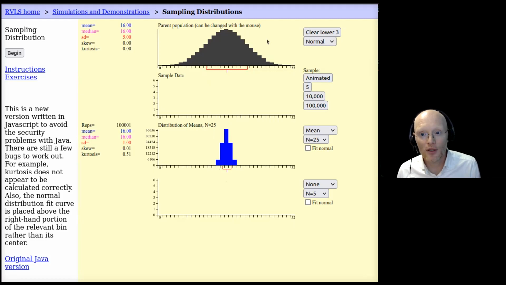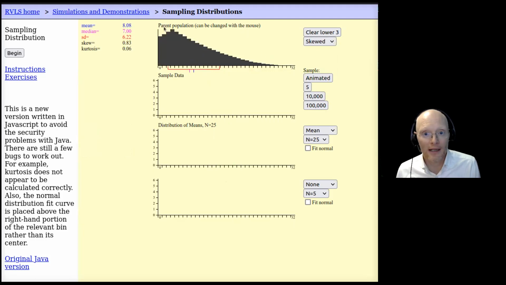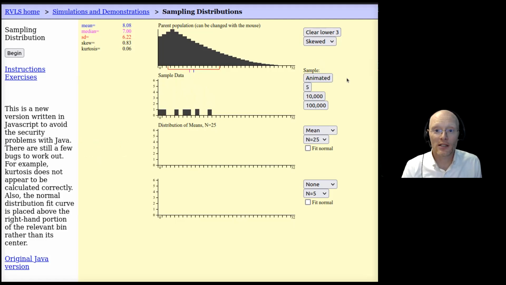What if the distribution of oak leaf widths was not normal, but instead something skewed like this? Okay, so now I want you to, whoops, I did not mean to do that yet. I would like you to tell me what the distribution of means is going to look like.